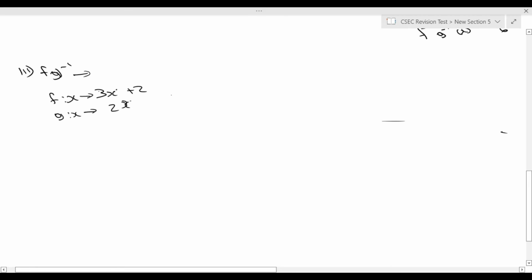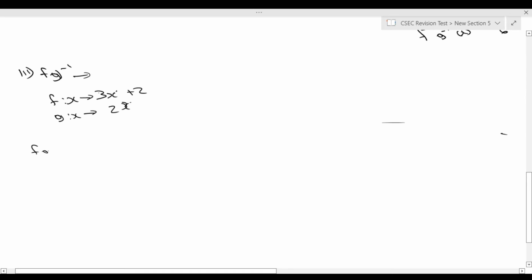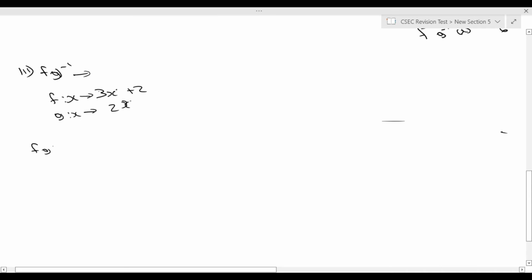So we are just going to input the function. We're asked to find f of g of x, with f being our main function.